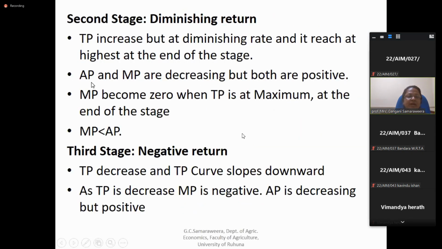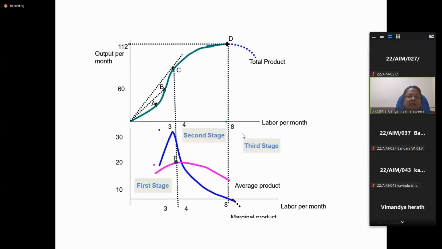Second, average product and marginal product are decreasing, but both are positive. See, average product and marginal product, both are decreasing, but in the positive stage. Negative means going below the x-axis. Okay.